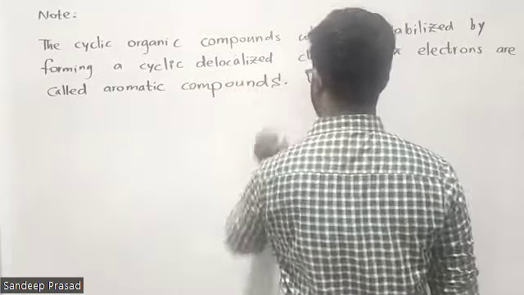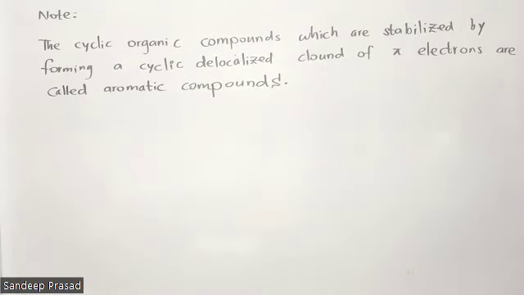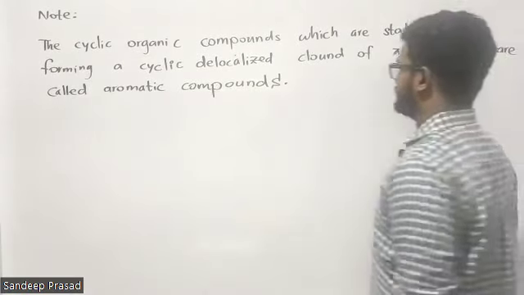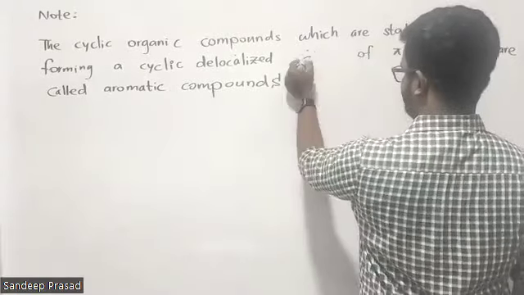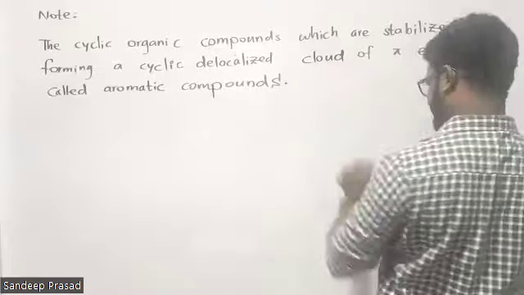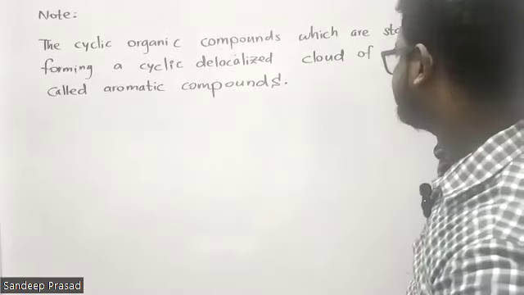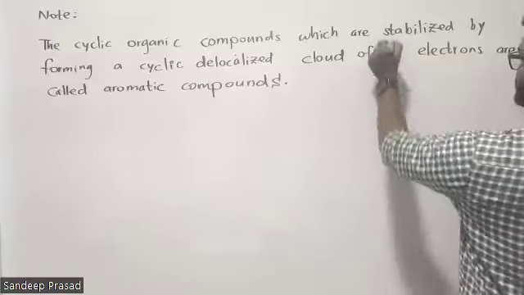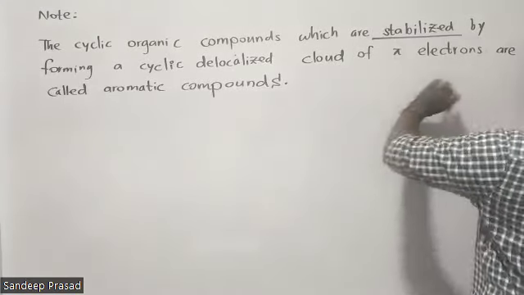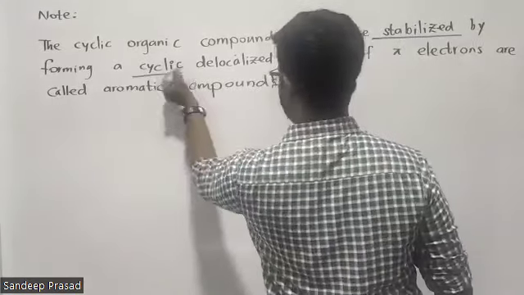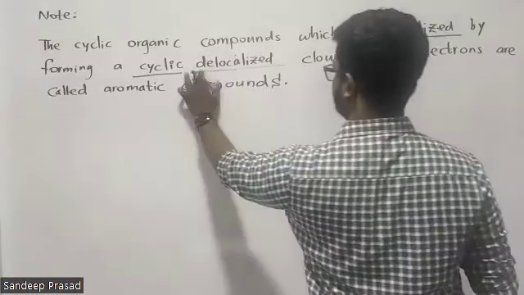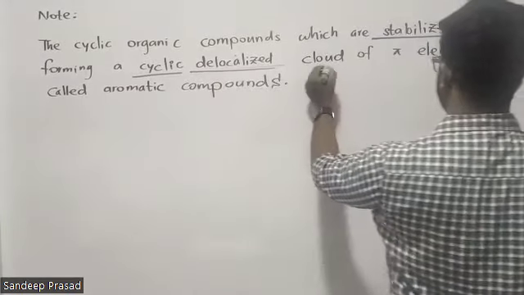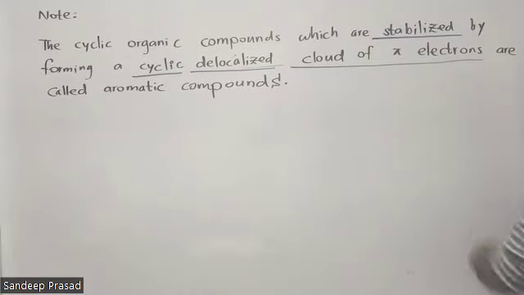Aromatic compounds, right? I told you what is meant by a delocalized cloud of electrons. Here we have some key terms, highlight them: stabilized, cyclic, delocalized cloud of pi electrons.